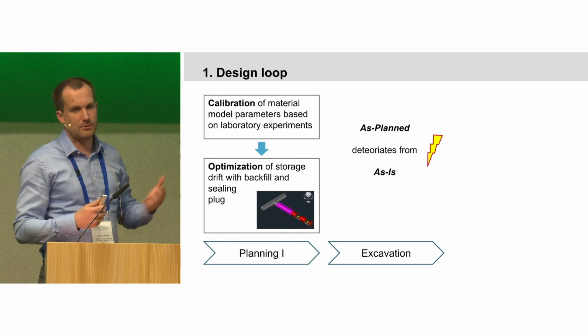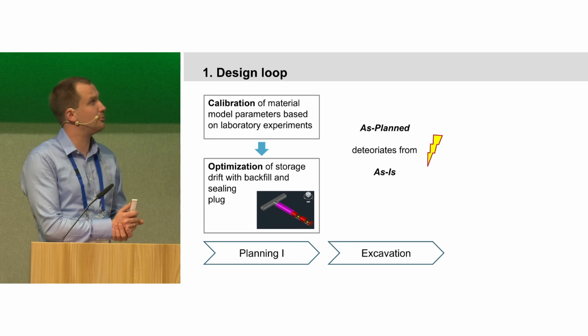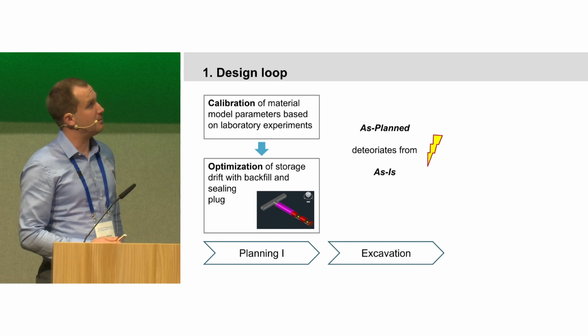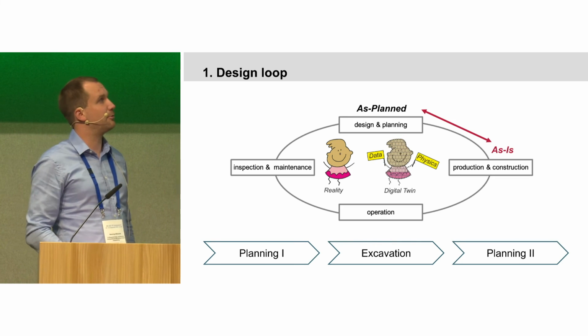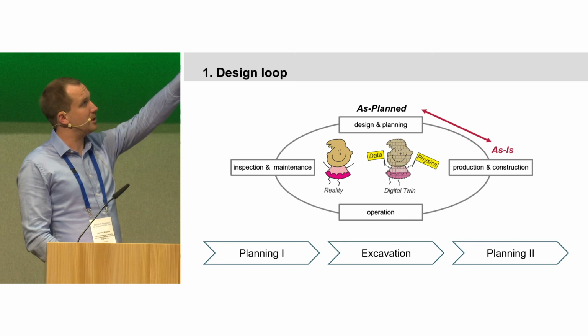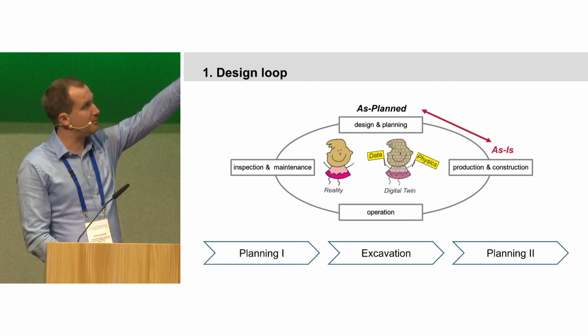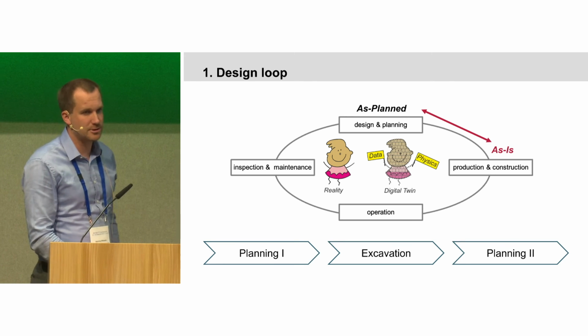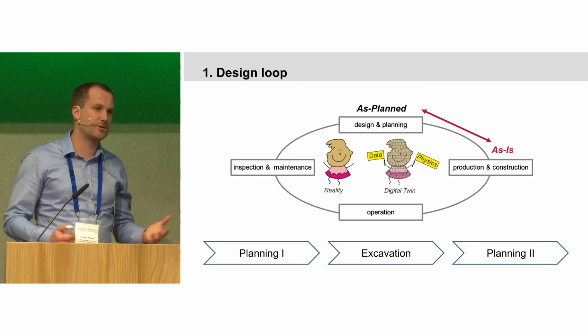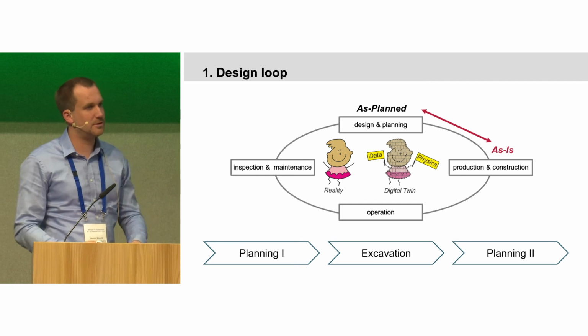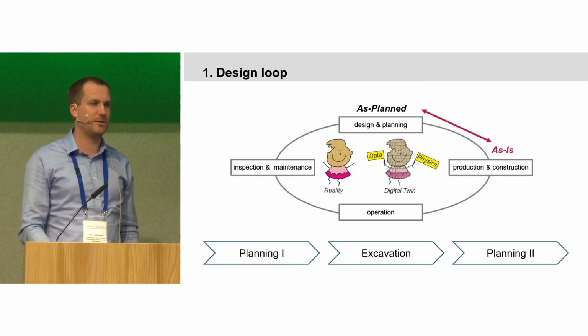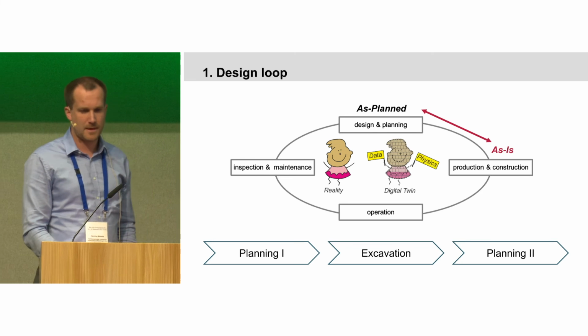And no surprise, our as-planned model will deteriorate from the as-is model. That means when we look back at our product life cycle, we have a mismatch between the model in the as-planned phase and in the production and construction phase. And this mismatch we need to capture in order to update our digital twin. This is the idea.